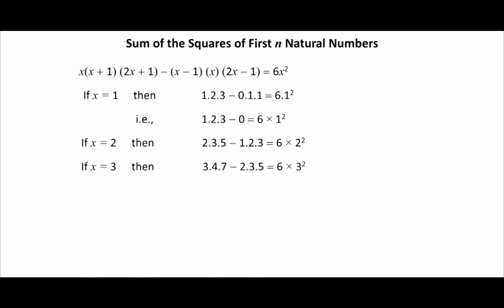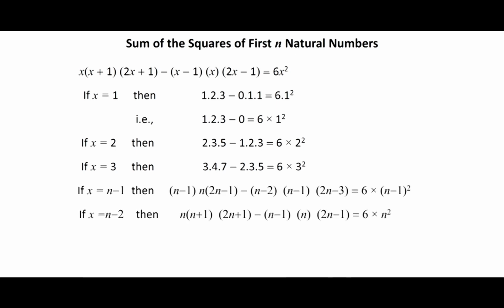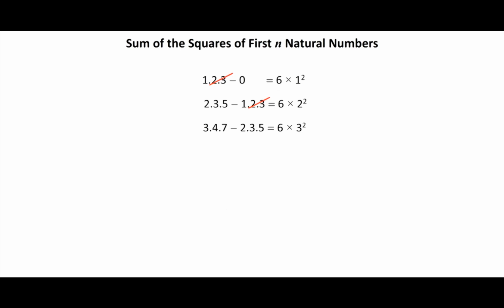Substitute the values of x as 1, 2, 3, etc. up to n minus 1 and n to get the equations as shown. Now let us add these equations. The like terms with opposite signs get cancelled. After all the cancellations, the term remaining on the LHS is n into n plus 1 into n plus 2.